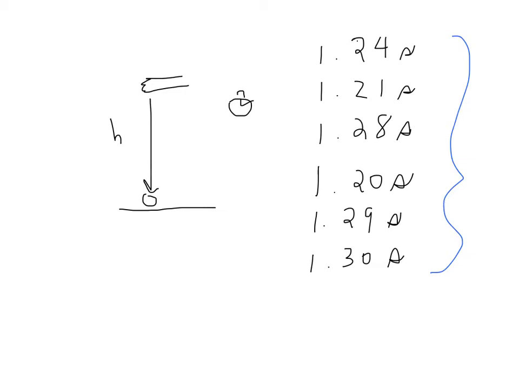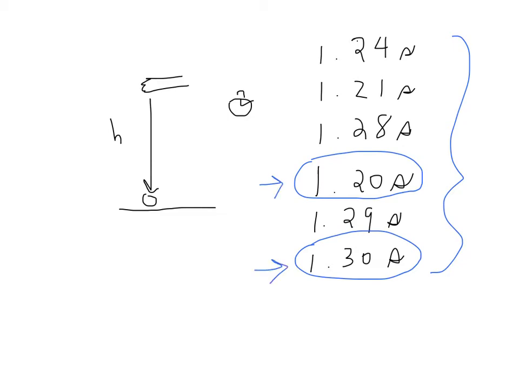In fact, the smallest value was 1.20 and the biggest value was 1.30. So this tells me that if I'm measuring the time of descent of this ball, then that measurement has some uncertainty, right? Because maybe one time I measure it and it's 1.20, or maybe it's 1.25 or 1.29. Basically, it could fall anywhere within the min and max values that I've just measured.